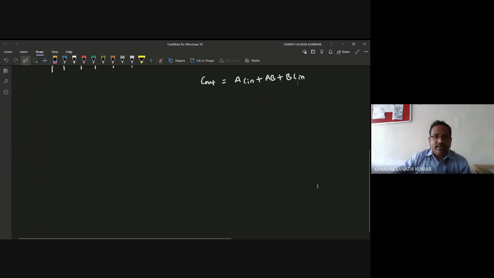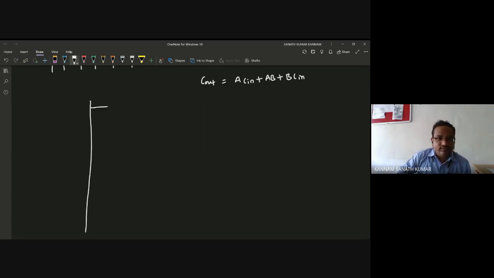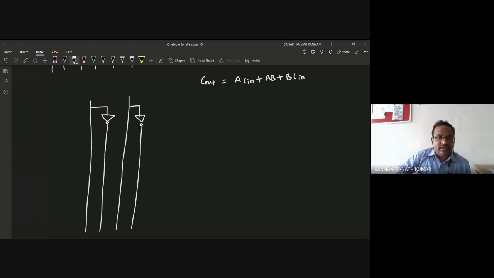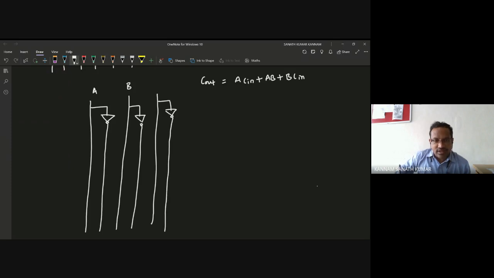So I am taking the inputs. This is A and this is B. This one is C in.